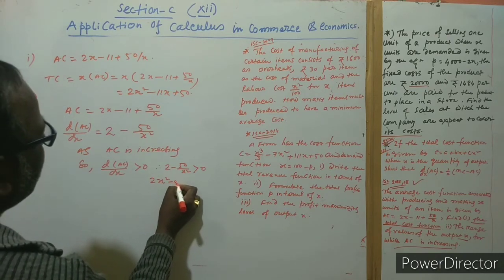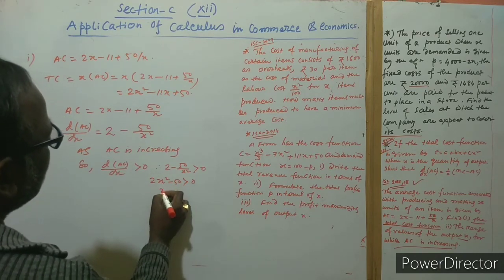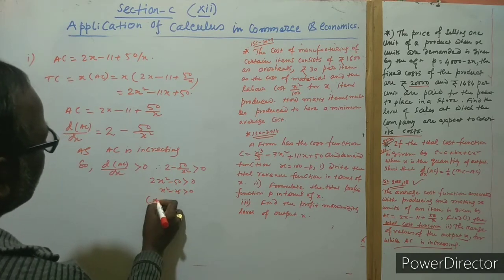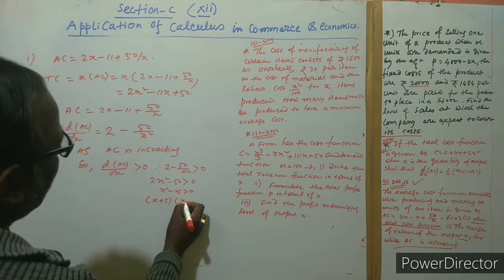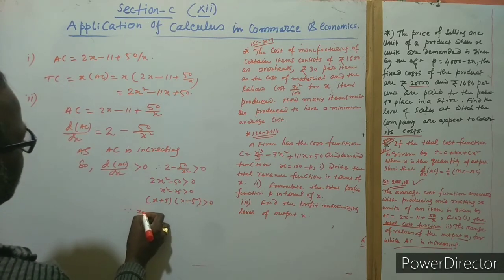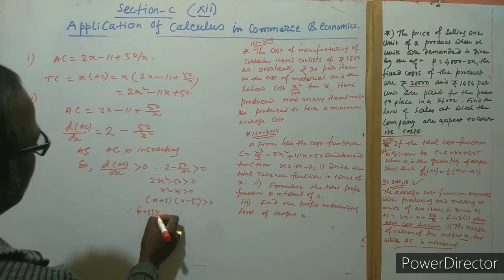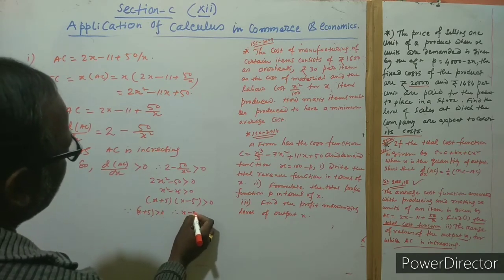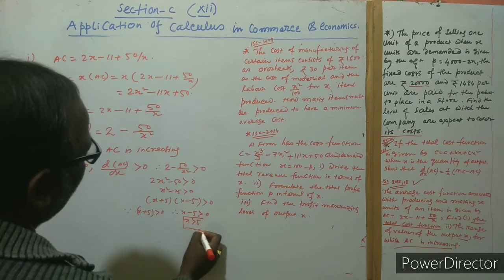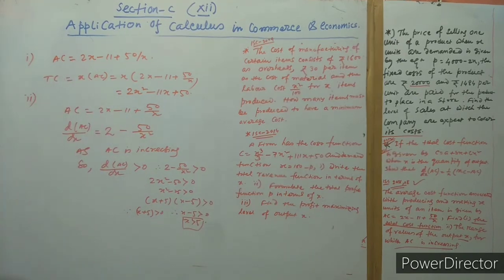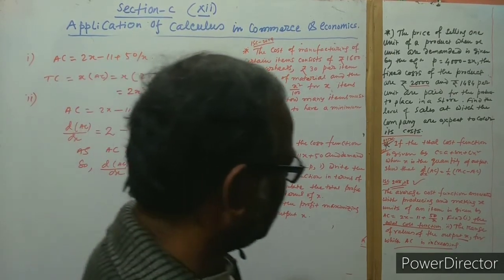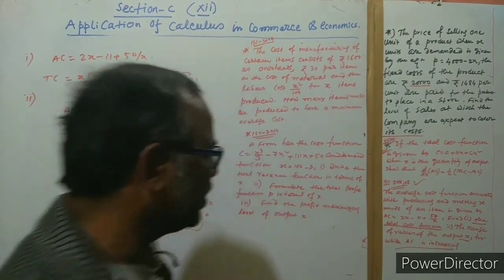So 2x square minus 50 is more than 0. x square minus 25 is more than 0. So x plus 5 and x minus 5 is more than 0. Since x plus 5 is always more than 0, therefore x minus 5 is more than 0, and x is, when the level of output is more than 5, then this average cost function is an increasing function.